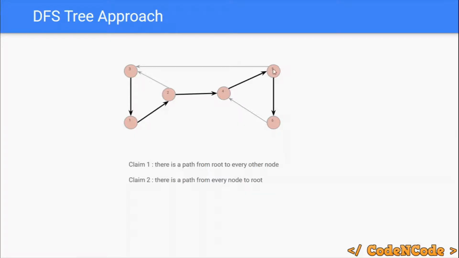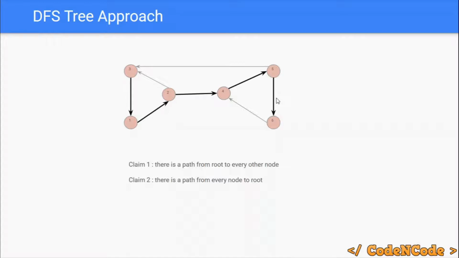Back edge means there is a node in the subtree of 4 which is connected to at least the parent of 4. So in the subtree of 4, that is 5 and 6, there is a node which has a back edge going to at least the parent of 4 or above that. We see node 5 has a back edge to either the parent of 4 or above that, even the earliest ancestor. So yeah, this edge is going to node 3.